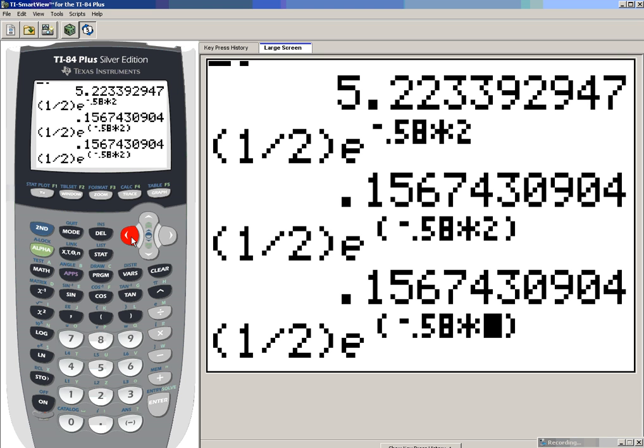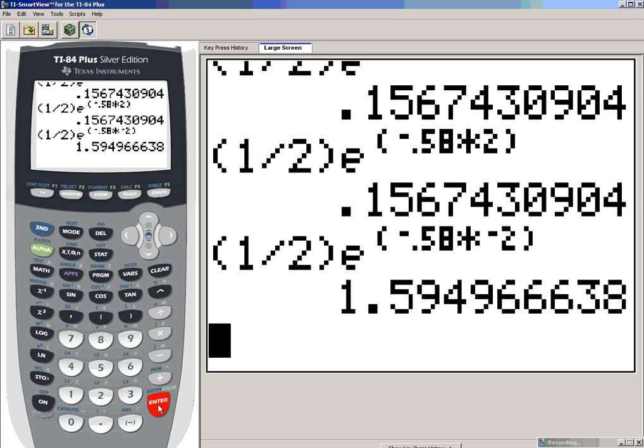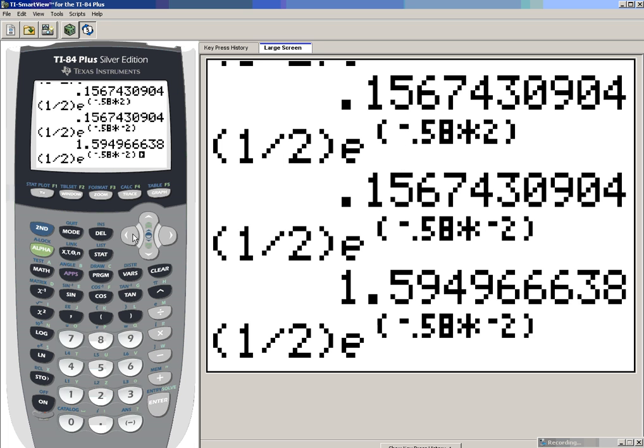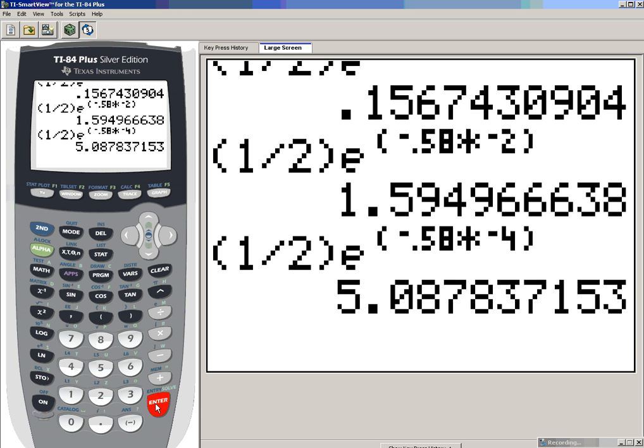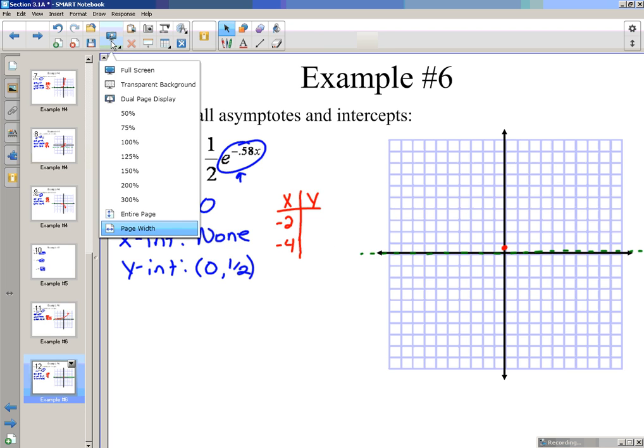So I don't think we actually needed the parentheses on this calculator. On some of them, if you don't have the exponent that pops up like that at the top, you are going to need the parentheses. Okay, that looks better there. And then we want to pull up that same entry and change the -2 to a -4. Record each of those two values in your chart.